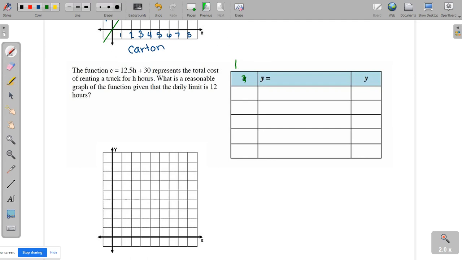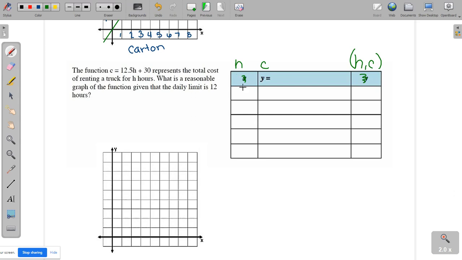So this is H, this is C. So what is a reasonable graph for the function given the daily limit is 12 hours? So your x's can't go more than 12. So everything after that's going to be the same amount.